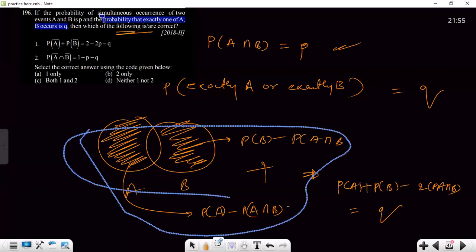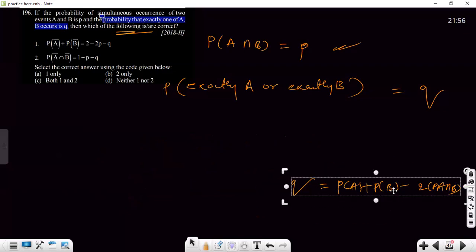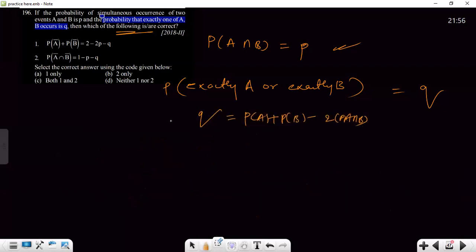So let's better represent the facts. Now, the first statement says the probability of event A bar plus probability of event B bar equals this.